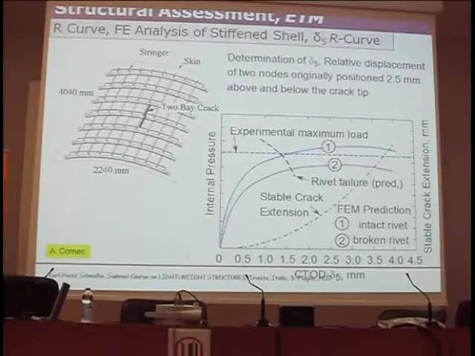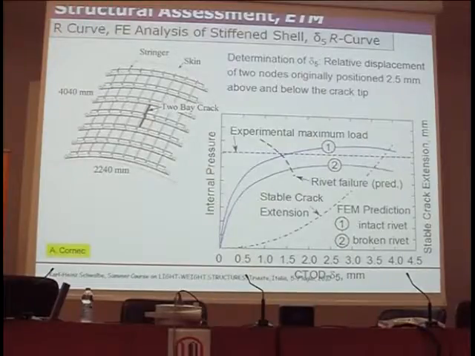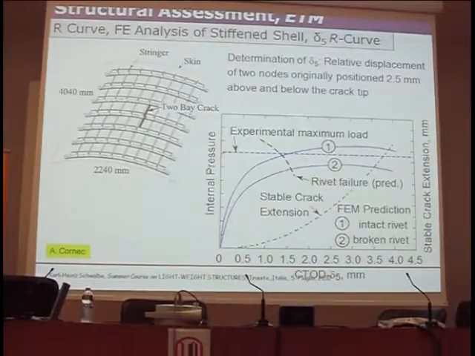Here you see the dimensions of the shell, about 2 by 4 meters, and we did the analysis twice. Number one, using the cohesive model that I showed you previously, and here we did the R-curve analysis. It was Cornec and one of his colleagues.